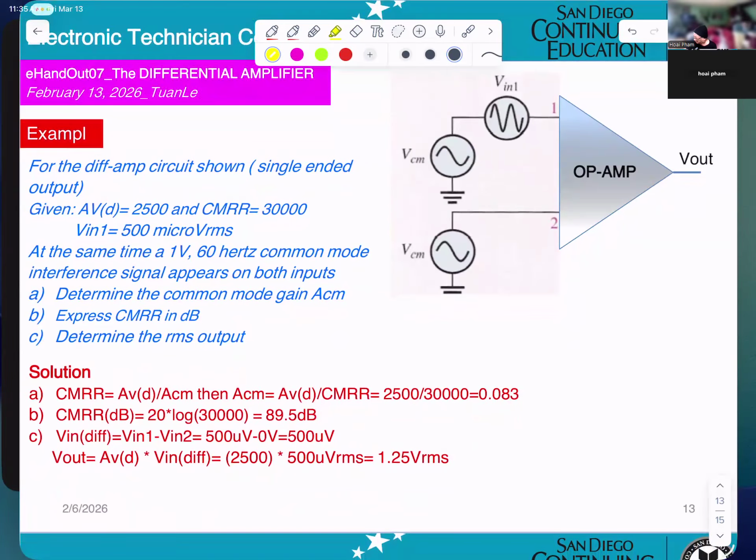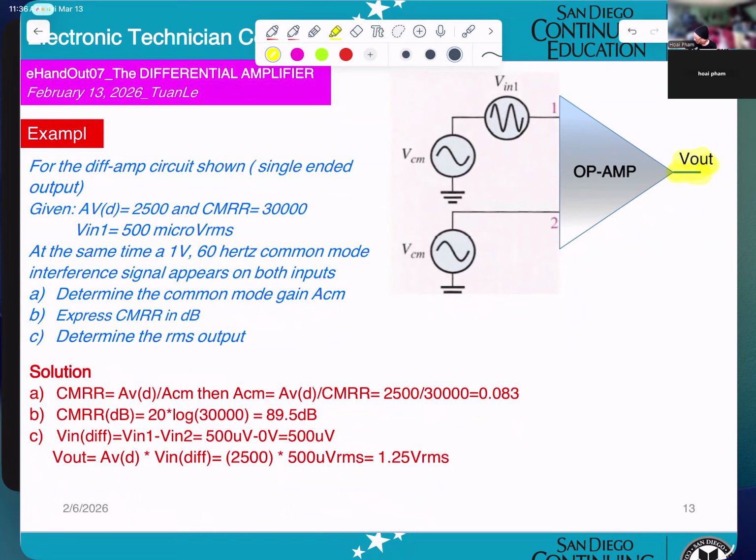For the differential amplifier circuit with single-ended output: normally you see the output as out 1 and out 2, however now they're using only one output, single-ended.